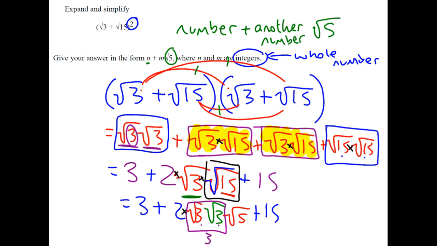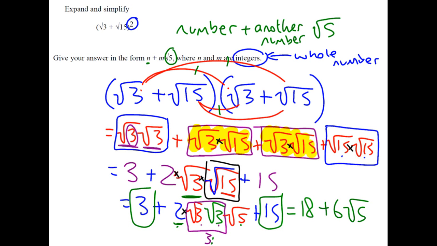So, there's a multiply there, so what we're actually thinking about is 2 times 3 times root 5. And by the way, I'm going to put 15 and 3 together to get 18. Okay, 2 times 3 gives you 6, and it's times by root 5. We've done it. We've got a number plus another number times by root 5. Okay, brilliant.